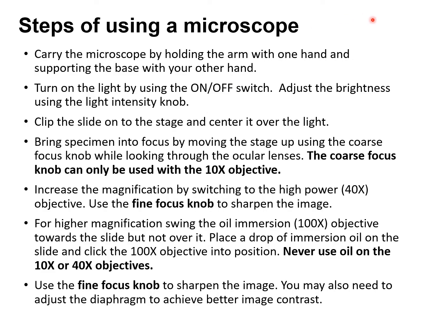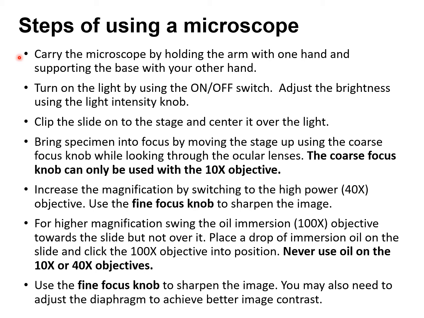Now, what are the steps that we follow when we are using a microscope? The very first step is how to carry the microscope properly. When you carry the microscope, make sure that you grab onto the arm of the microscope with one hand, and always place your other hand to support the base of the microscope, just to make sure that you don't lose your grip and drop the microscope, okay?